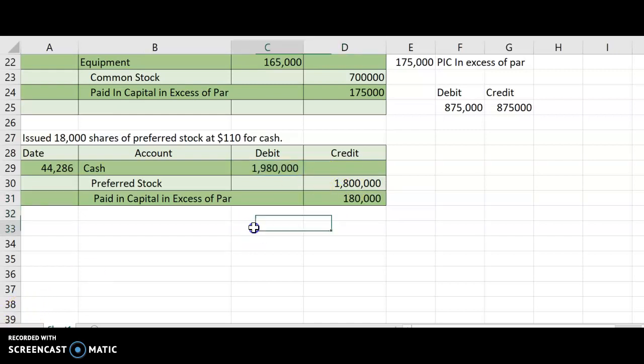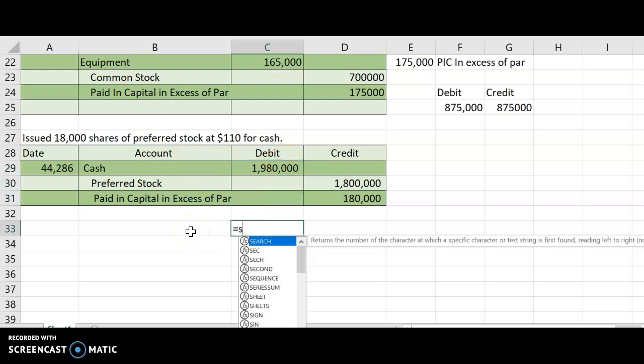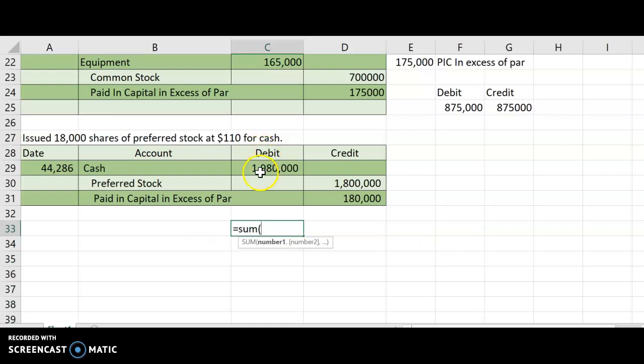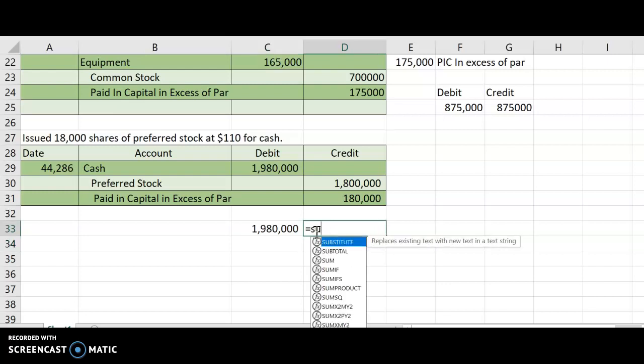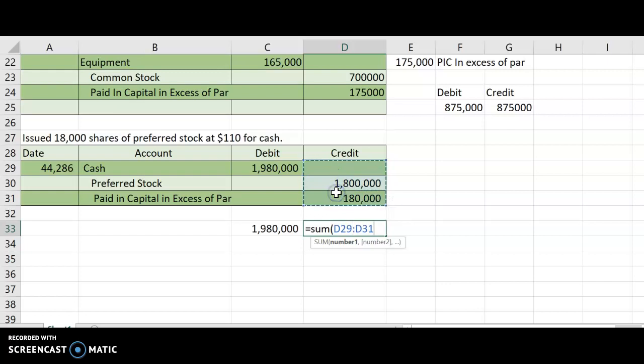And what I always say is make sure when you're doing a journal entry that your debits equal your credits.